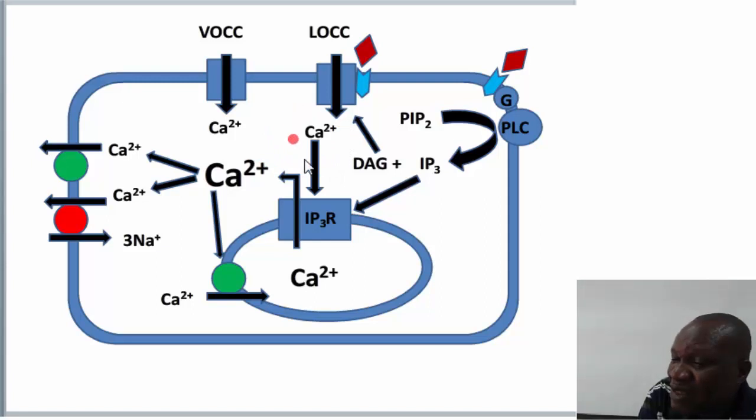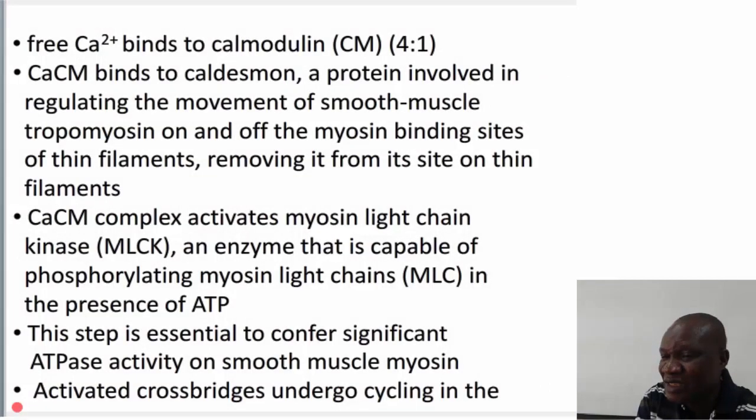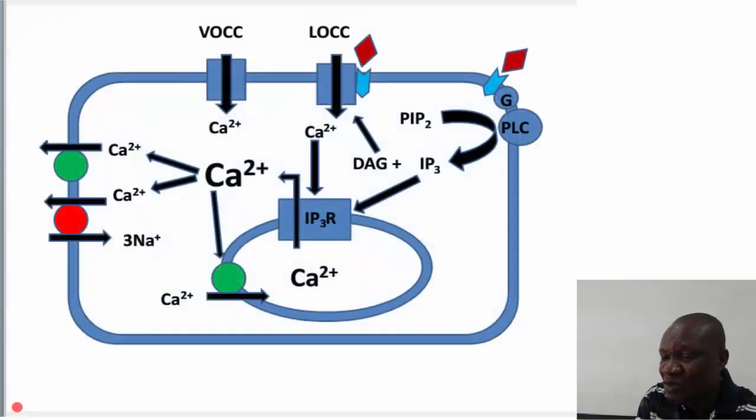Now, the calcium together with DAG will move to the membrane channels and cause opening of these channels. So as a result of these activities, the intracellular calcium level goes up. So now let's go to contraction. Calcium and contraction.